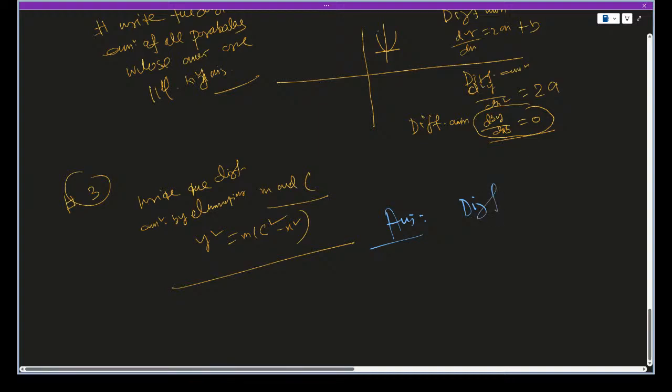Differentiating, 2y dy by dx, this is number 1. You can differentiate once more, not more than that. So differentiate again.